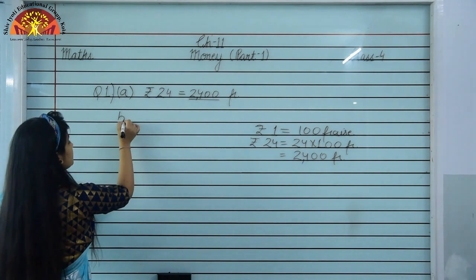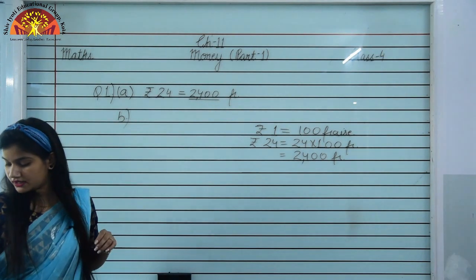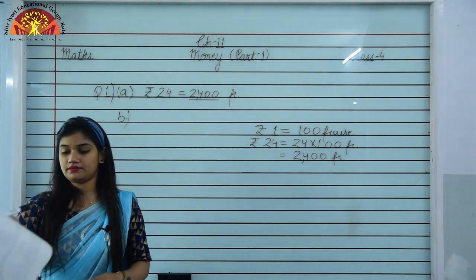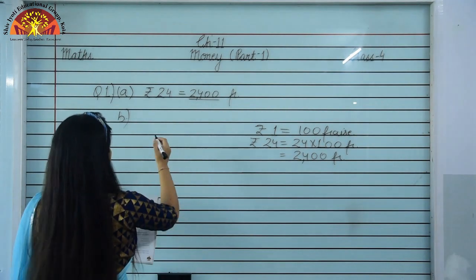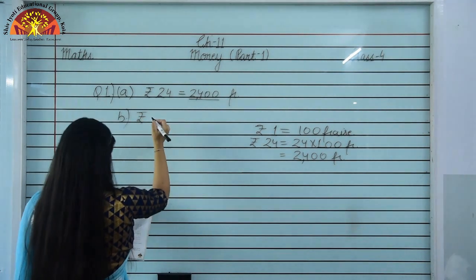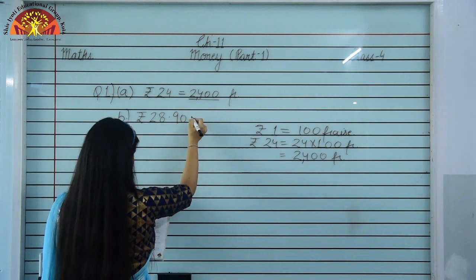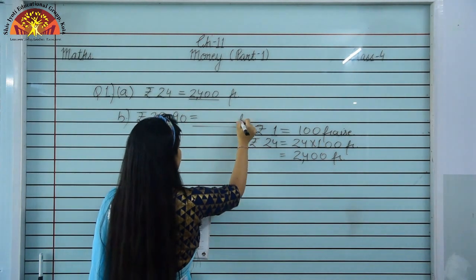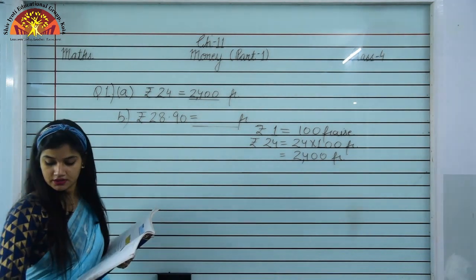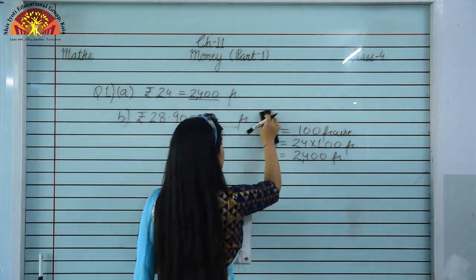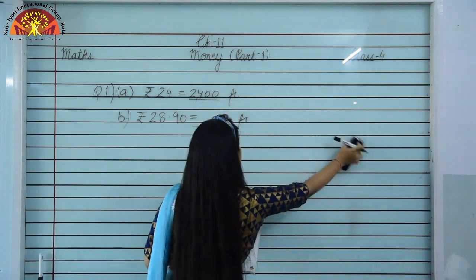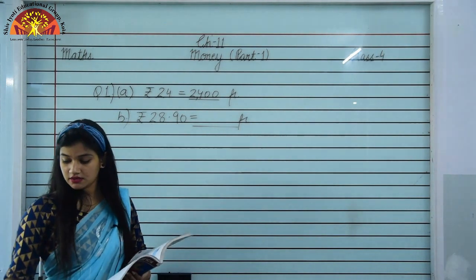Now we are taking B part, and B part is rupees 28.90 is equal to dash paisa. Again we have to convert rupees to paisa, but as we can see there is a point.